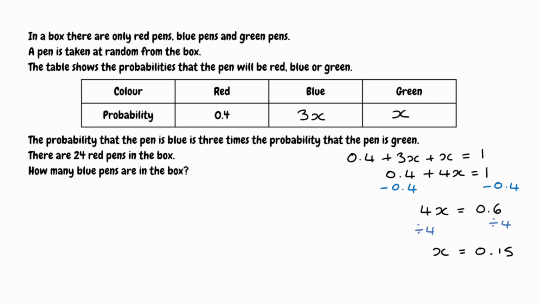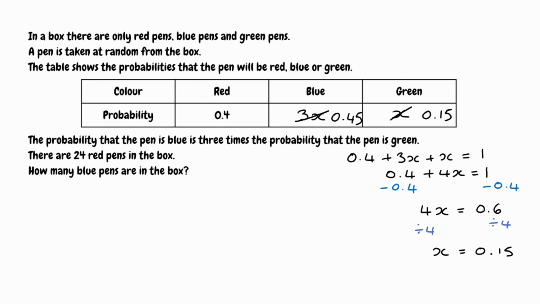We can now go back to our probability table and fill it in. Our probability for green was x, and we've figured out x to be 0.15, so the probability for green is 0.15. The probability for blue was 3x, so we do 3 multiplied by 0.15, and that gives us 0.45. Now we've got all our probabilities filled in.